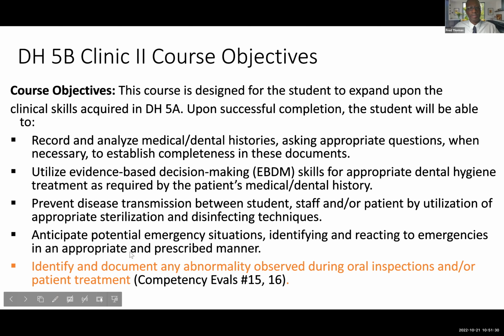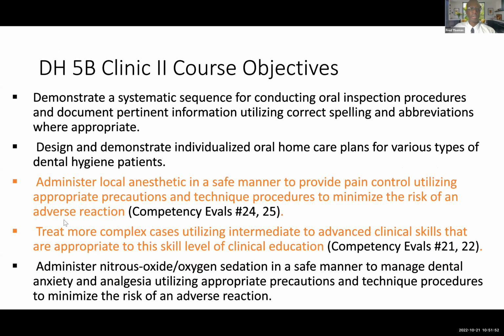What I've done is I've taken the liberty to highlight the course objectives that fit within some of our competency evaluations. And that's what you're looking at in the orange.